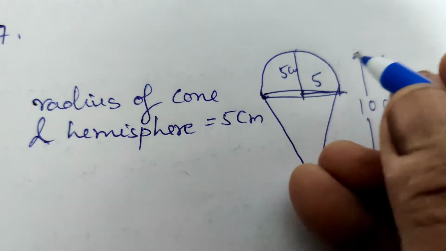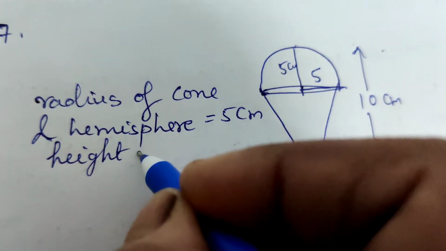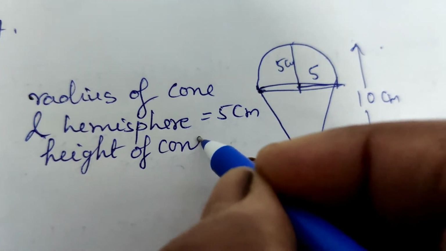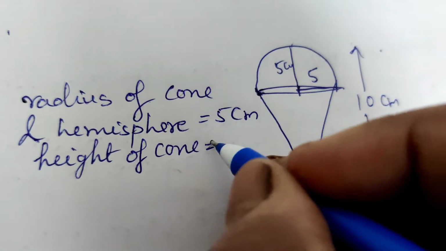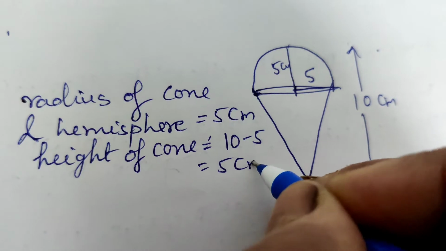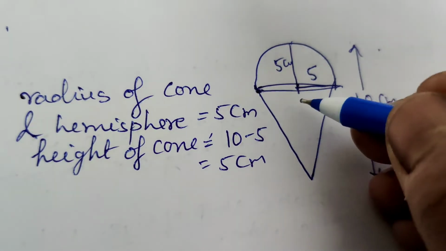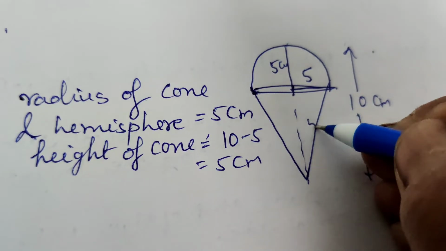The radius is same for both, and height of cone equal to 10 minus 5 centimeter. Because the total height is 10, subtract this height 5, we get height of the cone is 5.